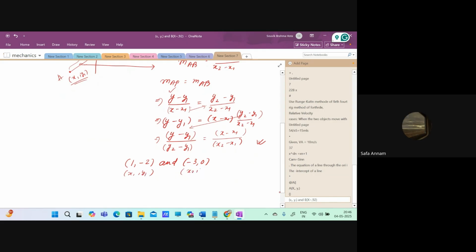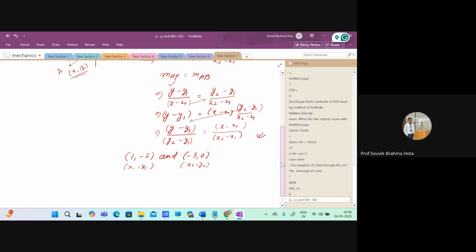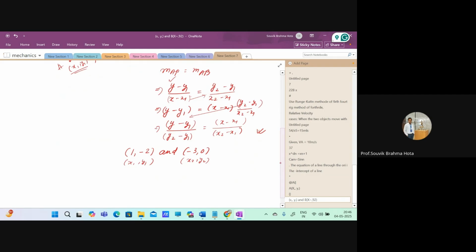Second is x2, y2. That is what you need to understand. X and y, you should not replace; that will be there in the formula. So y minus y1 is here minus 2, so minus minus plus 2, correct.